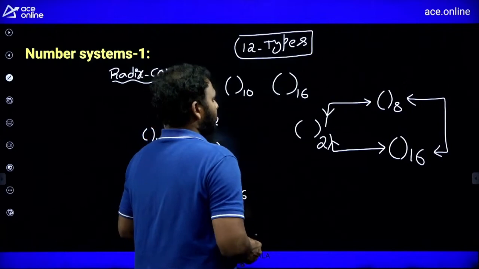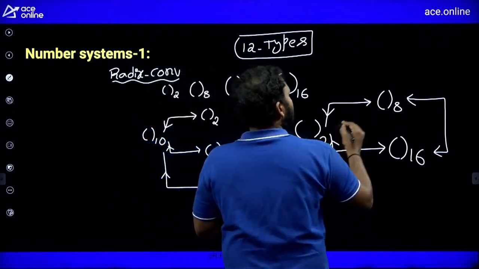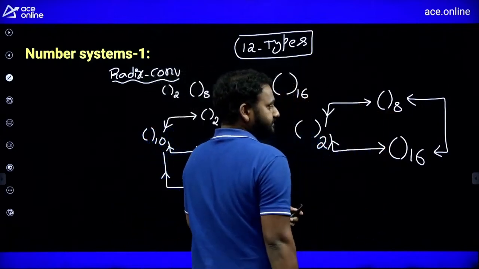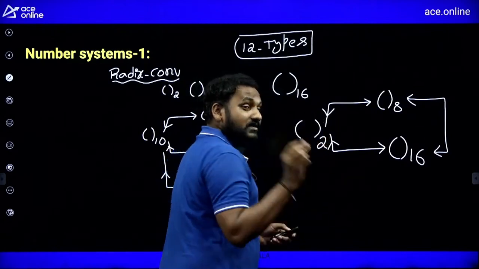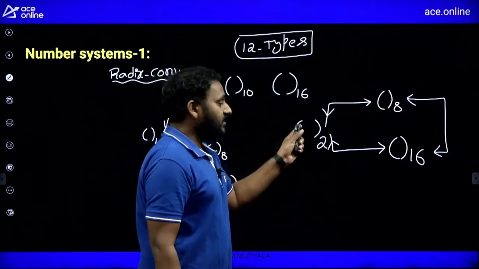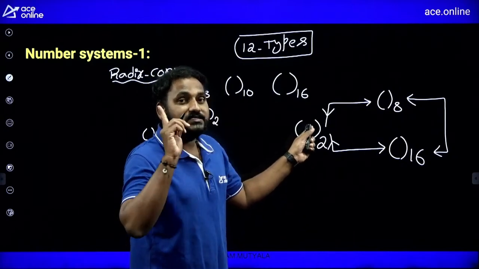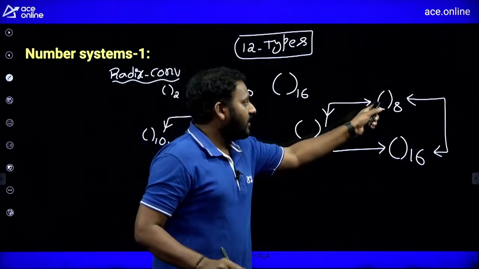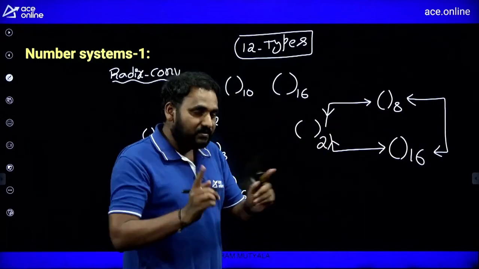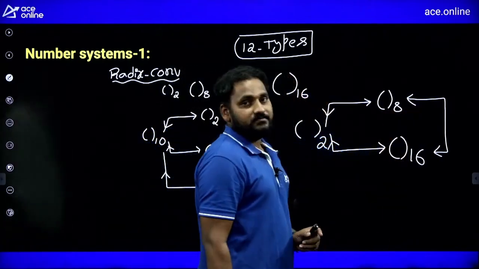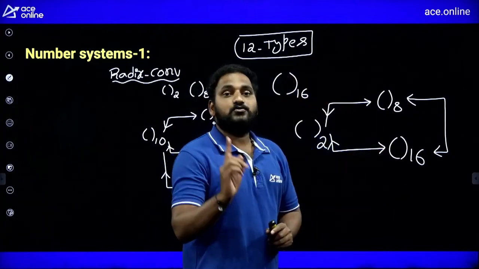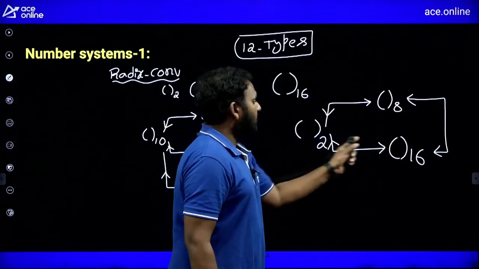The simple technique: if you want to convert a binary number into an octal number, you take the binary number and group every 3 bits and make it a single digit. The digit will be an octal digit. Simple, you see, 8 is 2 power 3. 16 is 2 power 4. Binary to hexa.